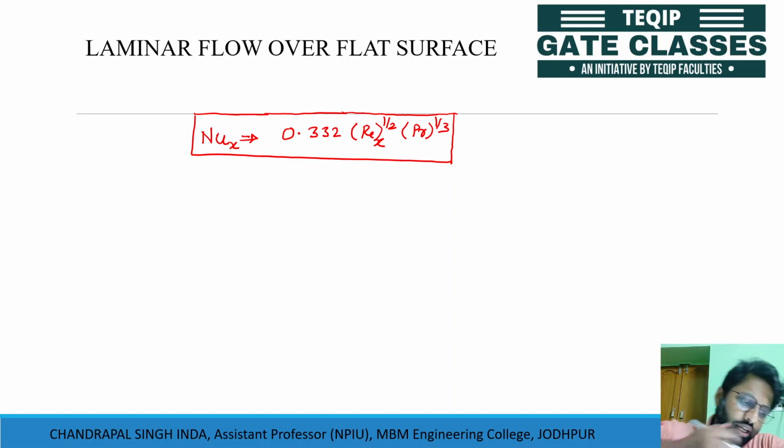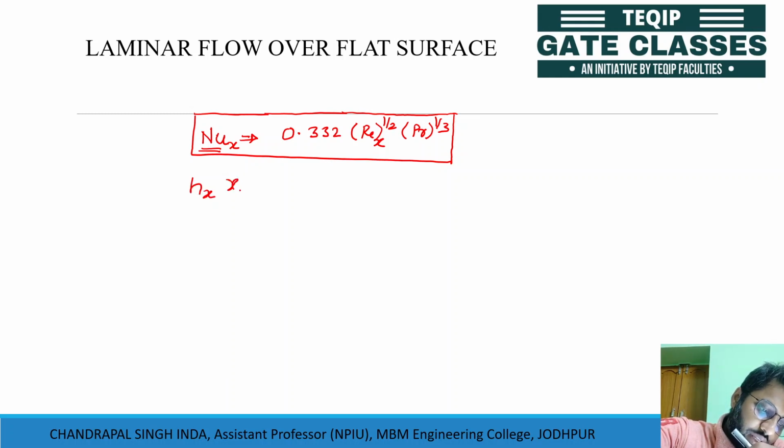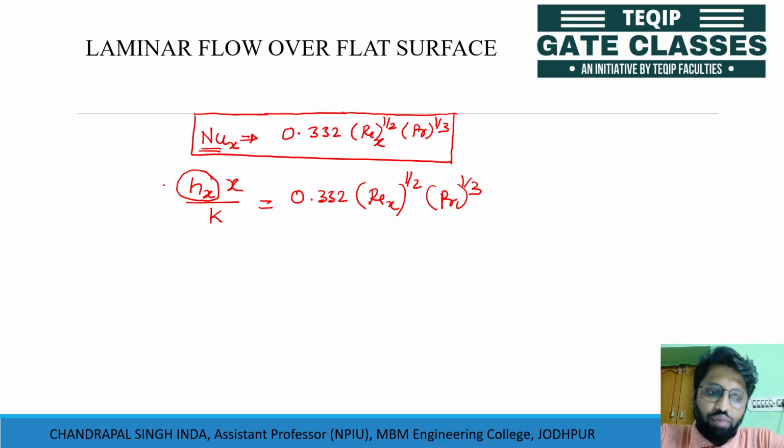Similarly, whatever we obtained, the local convective heat transfer coefficient hx, that is, hx times x by k of fluid, is equal to 0.332 times the Reynolds number at x raised to 1 by 2 and Prandtl number power 1 by 3. This value is represented as the local convective heat transfer coefficient.